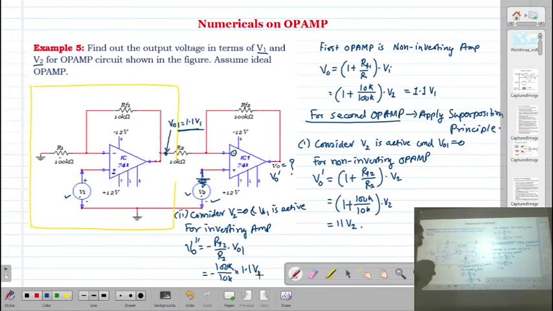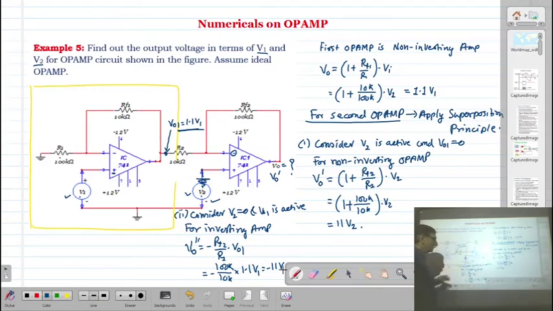So it will be 100 divided by 10, so 10 multiplied by 1.1. So this will come out to be minus 11 V1.